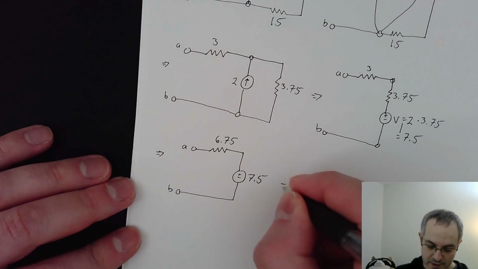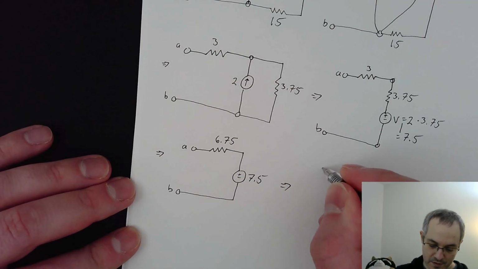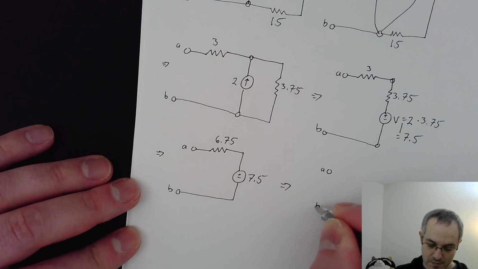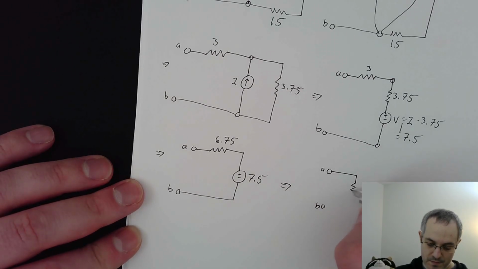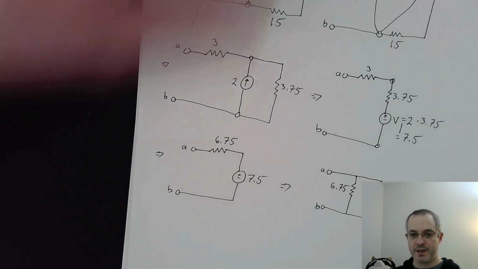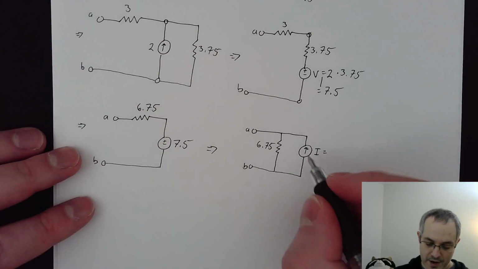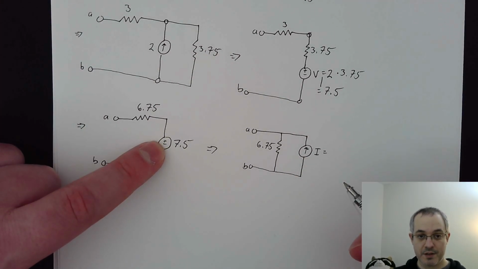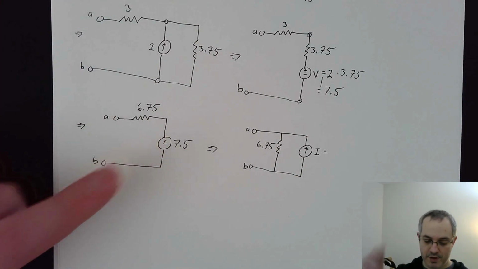The Norton equivalent then would have to be A, B, notice the arrow direction again matches up, and this would be I. Arrow direction is up, minus plus is upward.